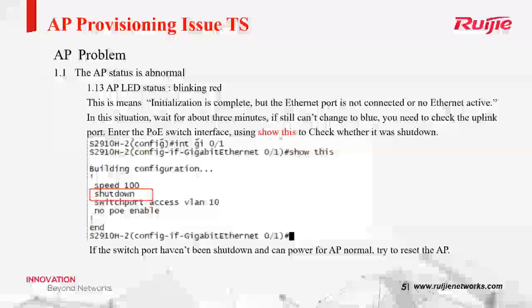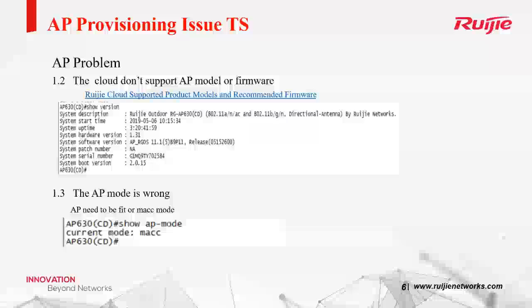If you finished all the steps I said before, but it can't change to the stable status, you can add a hardware issue in our case portal to check the AP module and firmware.